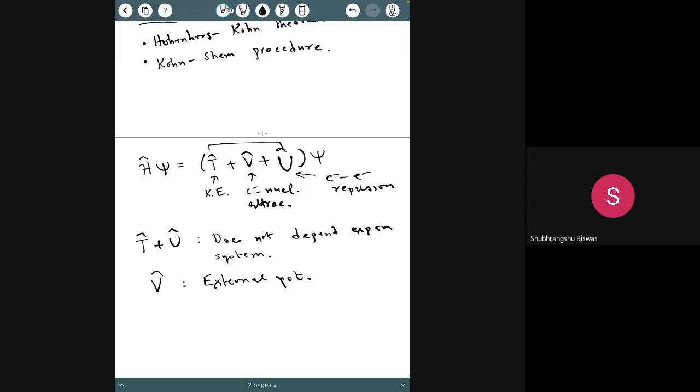If you know the ground state density of a system, then you can automatically map back to the external potential applied on this system. Let's think about it a little more.